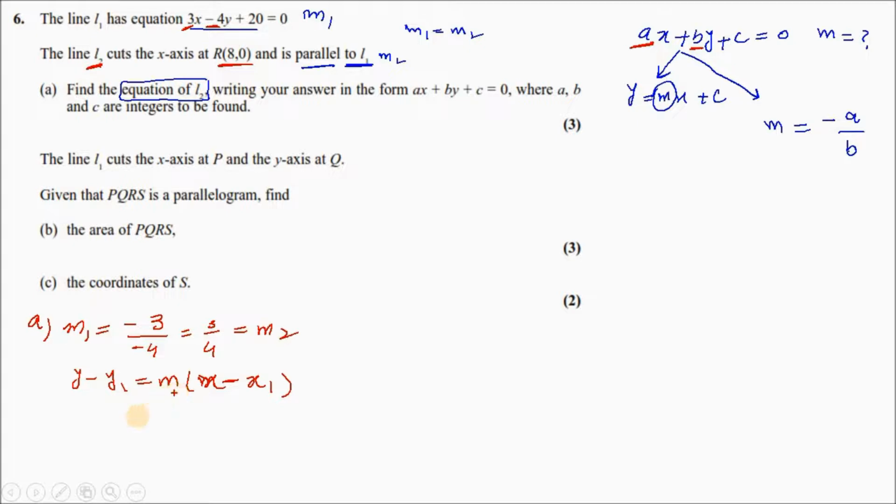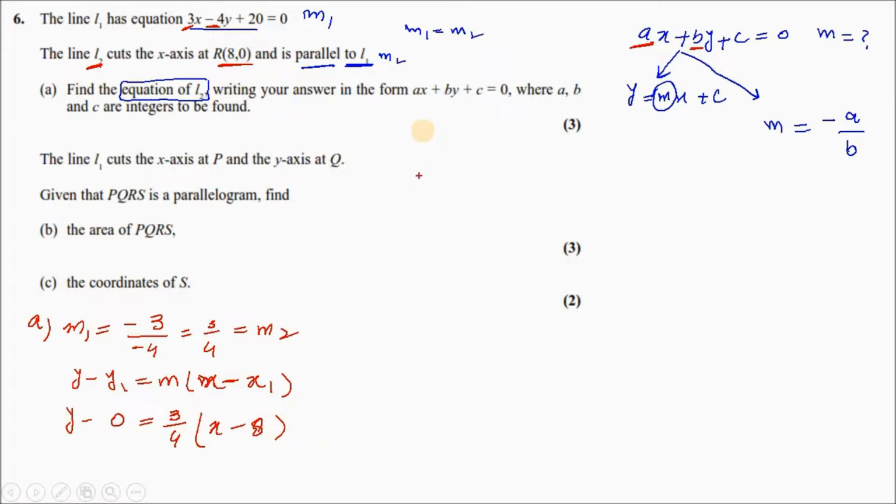We are talking about L2, so y minus y1, where y1 is the y value of the point, which is 0, and m is the gradient of the line, which is 3 by 4. Then x minus x1, where x1 is 8.